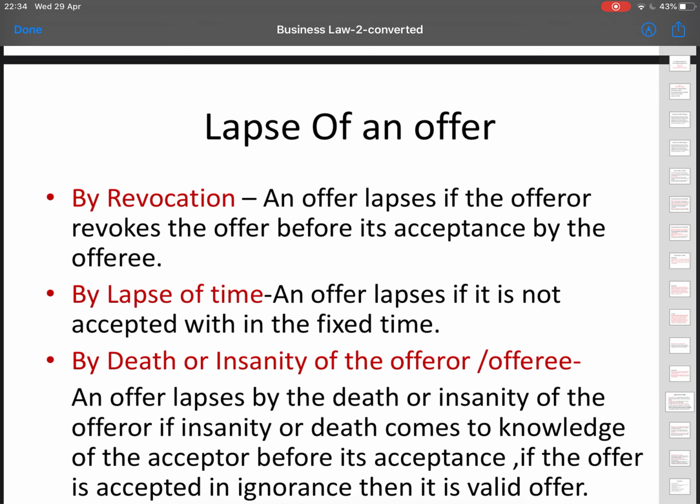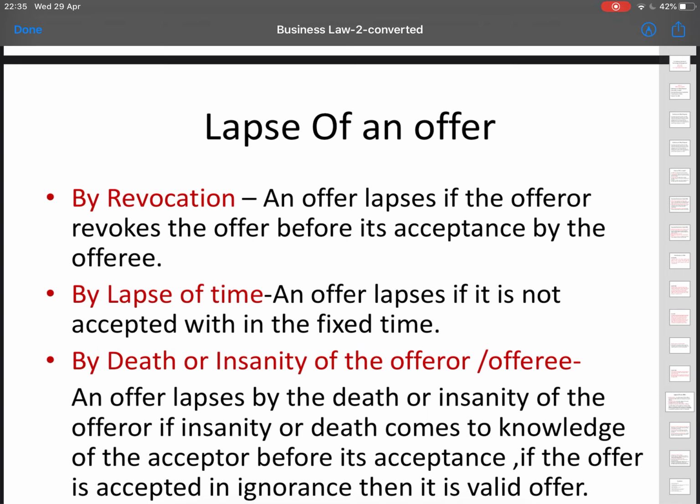These ways are: the first one is by revocation, second is by lapse of time, then by death or insanity of the offerer or offeree, then by failure to accept conditions, then by counteroffer, by not accepting in prescribed mode, or by rejection of offer by offeree, or by subsequent illegality or destruction of subject matter of the offer. So, I am starting with the first point, by revocation.